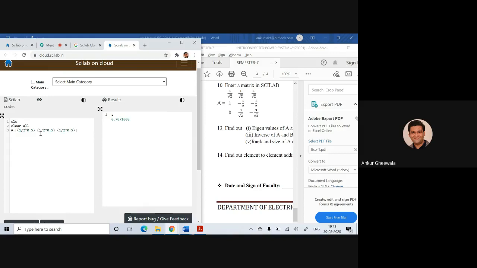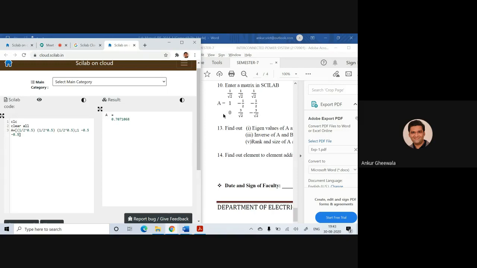Now if I want to enter the next row, 1 minus 2, I will put a semicolon here, and 1, then once again a space, then minus 1 by 2. 1 by 2 itself is 0.5, so 0.5, minus 0.5, and minus 1 by 2 once again, space, and minus 0.5.